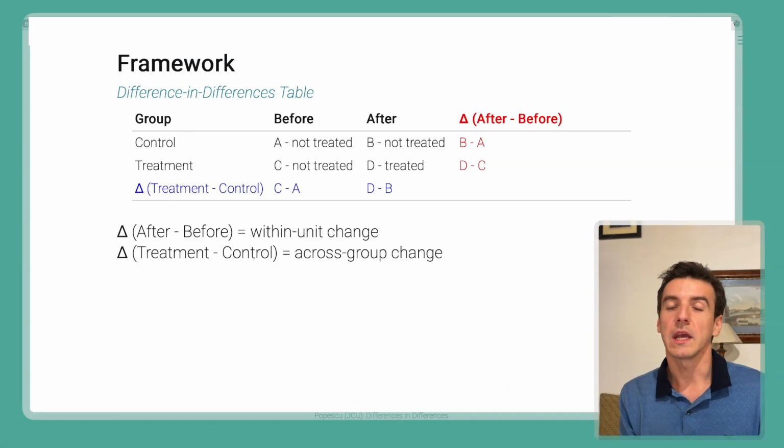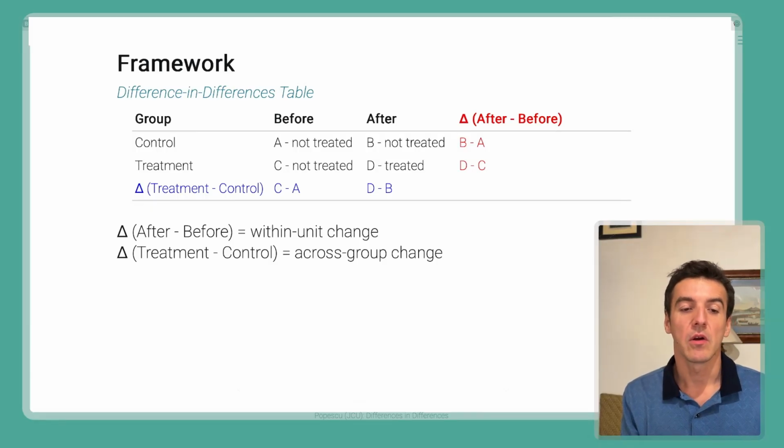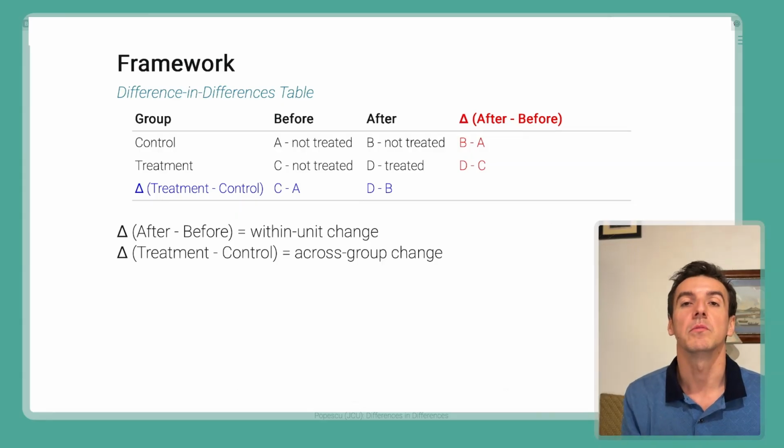We also want to examine the difference between the treatment and the control group. So we want to do what is called a cross-group change. So we want to measure C minus A. Remember that C is the not treated group in the treatment group, so essentially New Jersey prior to the minimum wage law, and A is really the control group also prior to the implementation of the minimum wage law.